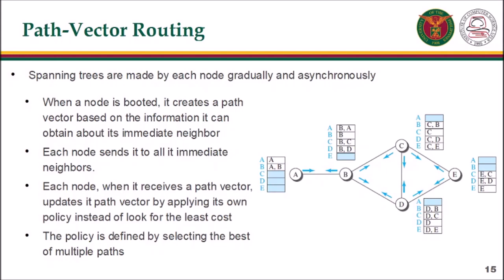Each node, after the creation of the initial path vector, sends it to all its immediate neighbors. Each node, when it receives a path vector from a neighbor, updates its path vector using an equation similar to the Bellman-Ford, but applying its own policy instead of looking for the least cost. The policy is defined by selecting the best of multiple paths.